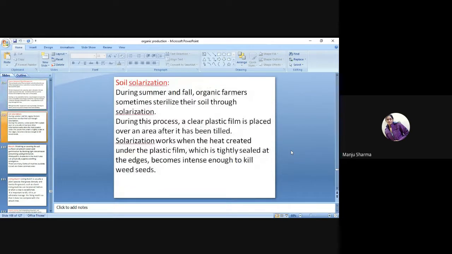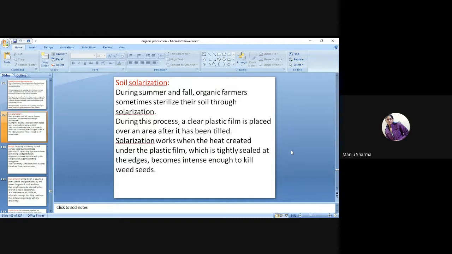Then soil solarization. During summer and fall, organic farmers sometimes sterilize their soil through solarization.